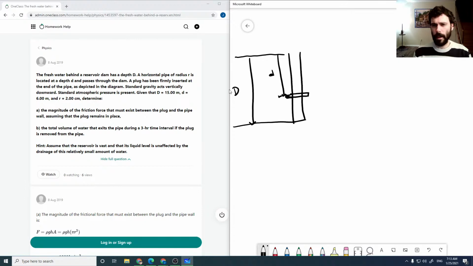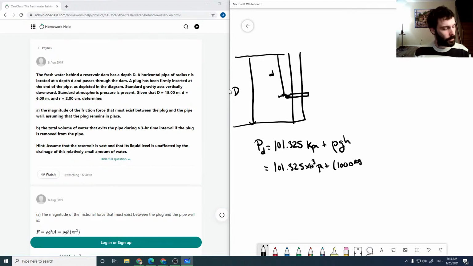Okay, so if we look at the pipe inside the dam here, the pressure at D is going to be atmospheric pressure plus rho g h, which is 101.325 times 10 to the 3 pascals, plus our density of water, which we're using as 1,000 kilograms per meter cubed, times our gravity, 9.8 meters per second squared, times our depth, which is given in the question as 6 meters.